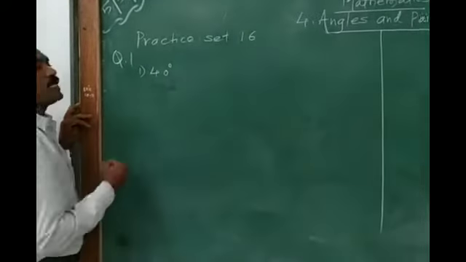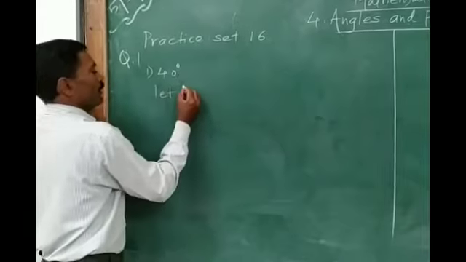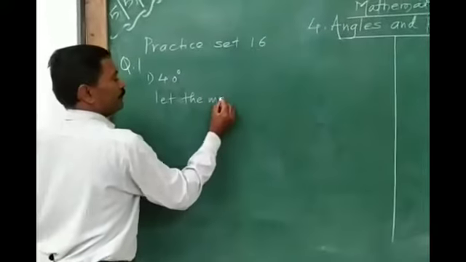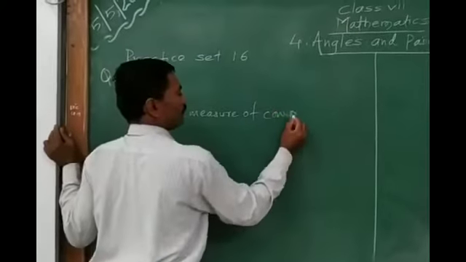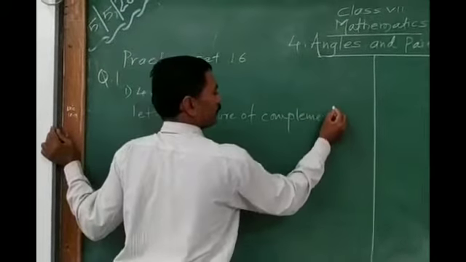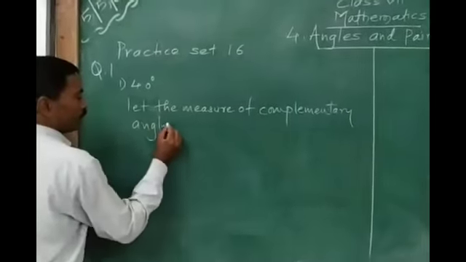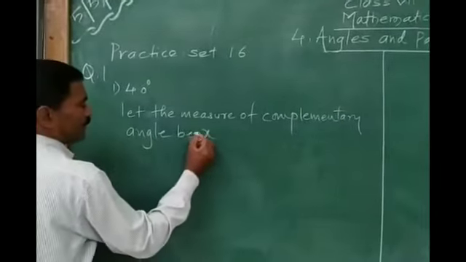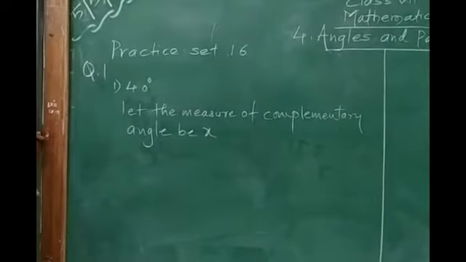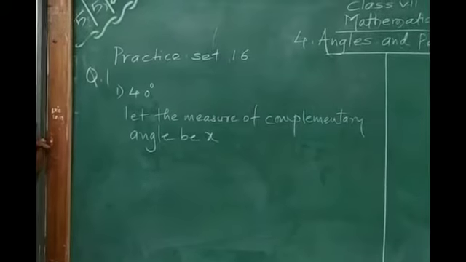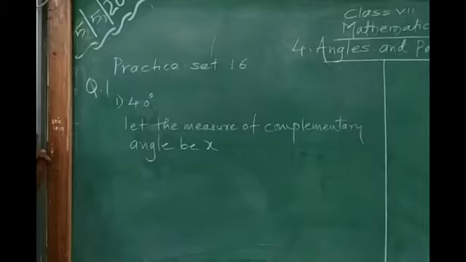While solving this example, the first step is: let the measure of the complementary angle be x. We know the sum of two angles is 90 degrees, then only we say they are complementary angles.